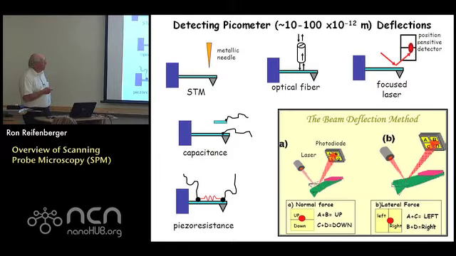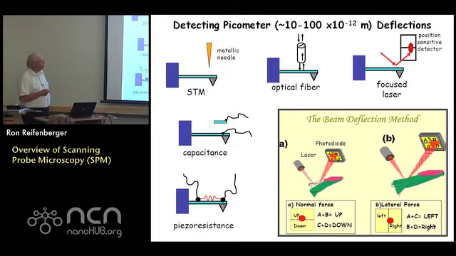This idea is very simple. It takes a laser beam and focuses it so that it reflects off the cantilever. The reflected light from the cantilever falls onto a position-sensitive detector. And the position-sensitive detector then gives you a voltage, which is proportional to the deflection of the cantilever.